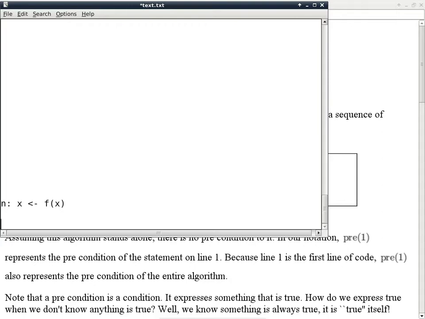So in this case, if I tell you that the post condition of line N is x equals k, can I do something about the precondition? Maybe. It depends on one important factor.